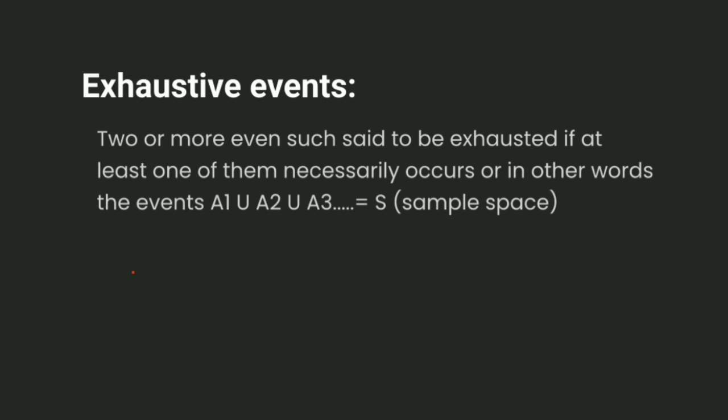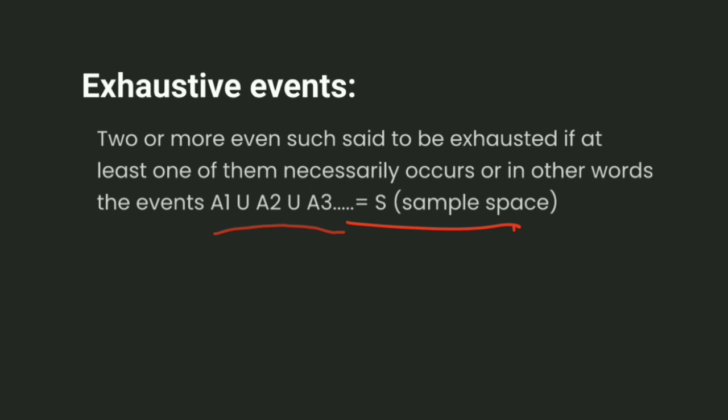Suppose A1, A2, A3 are the events, and there's a necessity that one of them would occur. It cannot be that A1 is not occurring, A2 is not occurring, and A3 is not occurring. No, this cannot be the case, where any one of the events has to necessarily occur. In other words, events are exhaustive if the union of all the events gives the sample space.